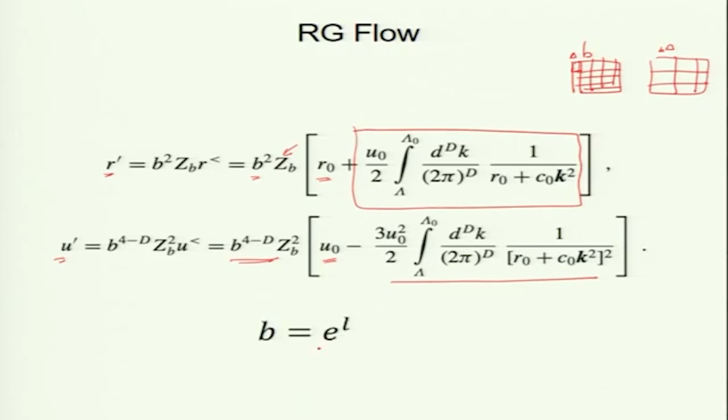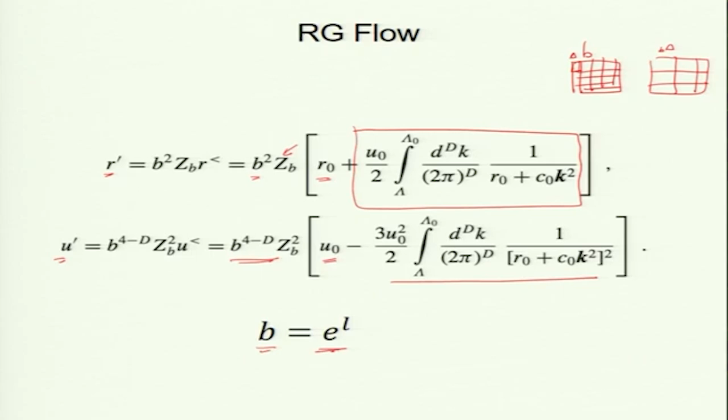It turns out that in field theory, instead of using b, we use the formula b equals e to the power l. b is greater than 1. The example we did was b equal to 4, blocking of 4 by 4, which is 16, in 2D.